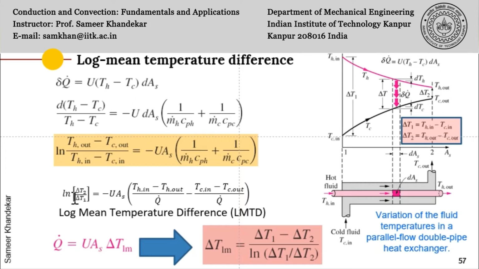So you see, delta T2 divided by delta T1, the temperature difference at the outlet divided by the temperature difference at the inlet, is equal to minus UA over Q dot when you integrate this.